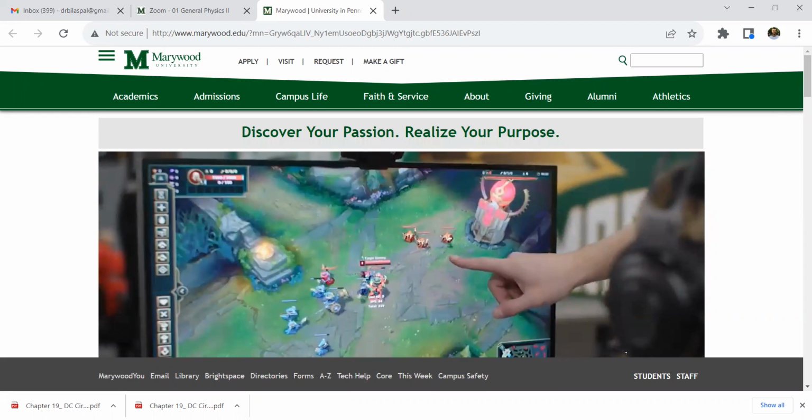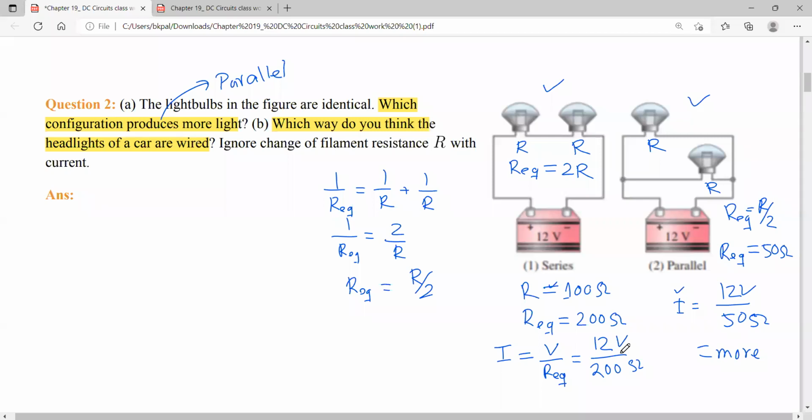You can use a PhET simulation to see that. But the key here is more current. More current means more light.